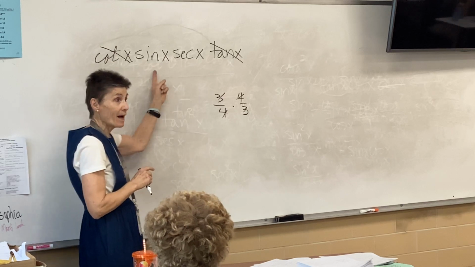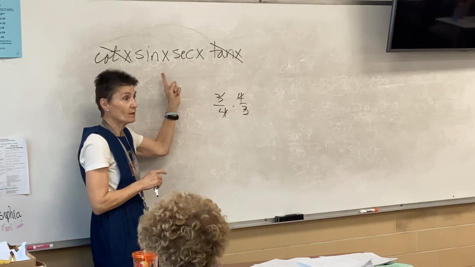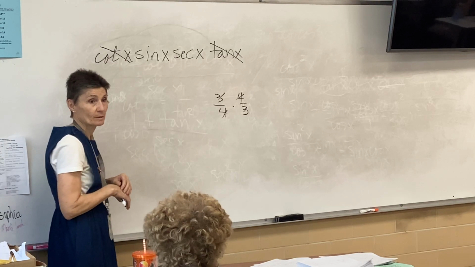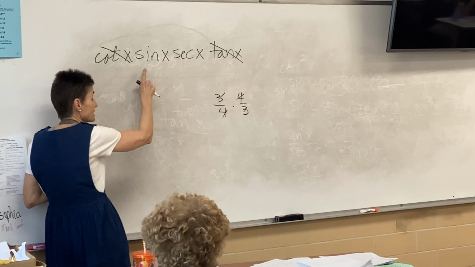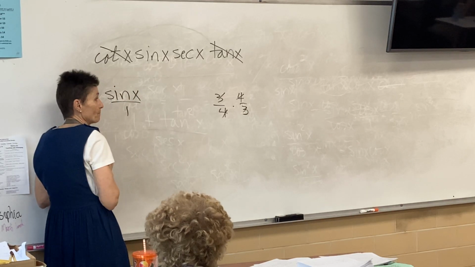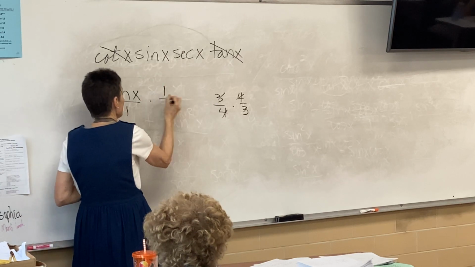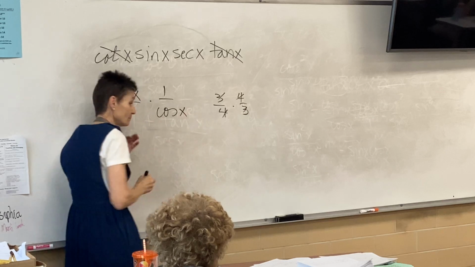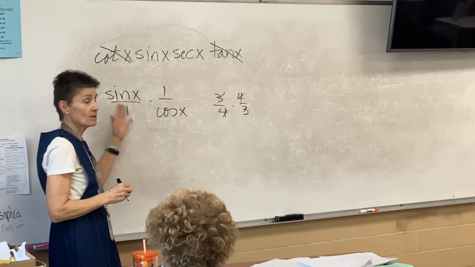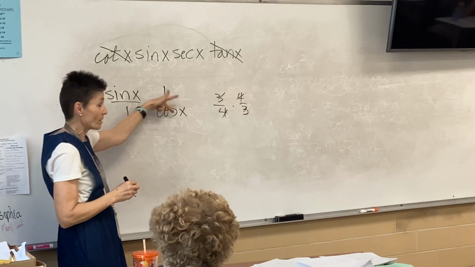Now, sine and secant are not reciprocals. So what do you want to do with those two? If it's a sine or a cosine, we just put it over 1. We don't change it. But what is secant? 1 over cosine. Now when I multiply these, nothing here cancels, so I have to just multiply them straight across.